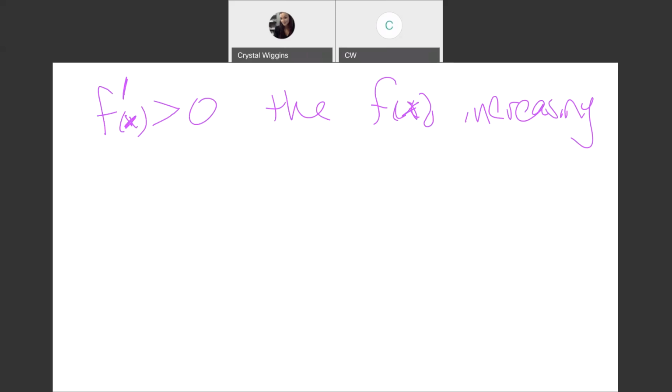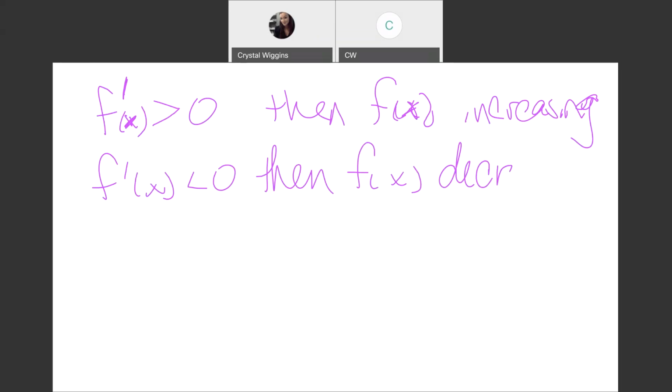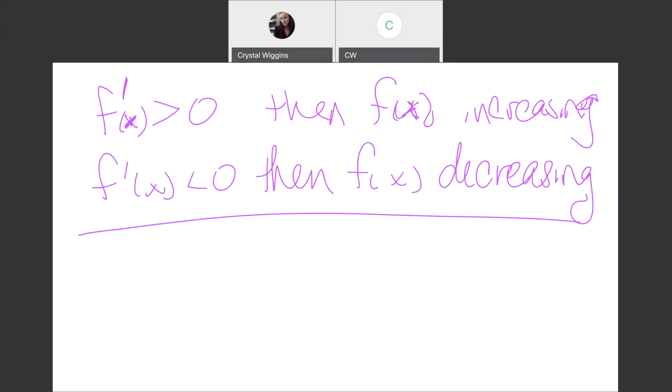I'm making do with my iPad here. Okay, so we're increasing if the derivative is positive. If our first derivative is negative, then the original function was decreasing. That was one thing that we learned right before we started going online.